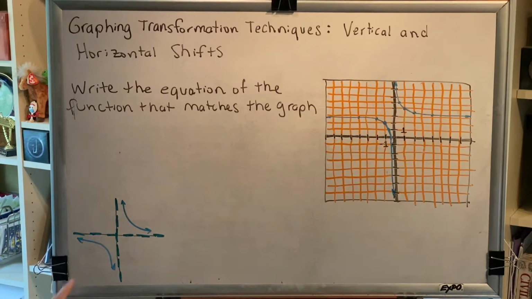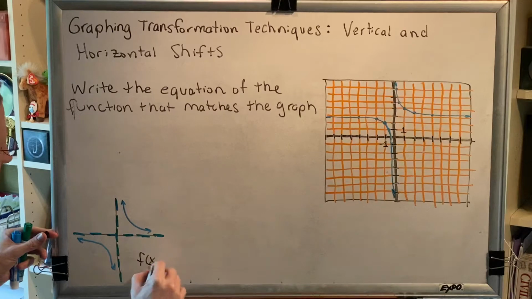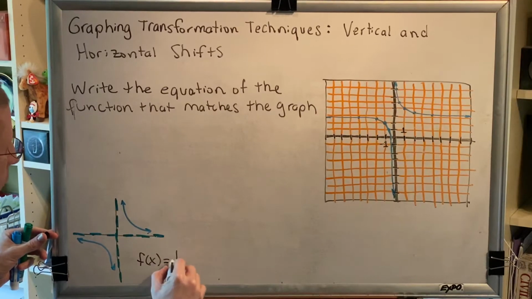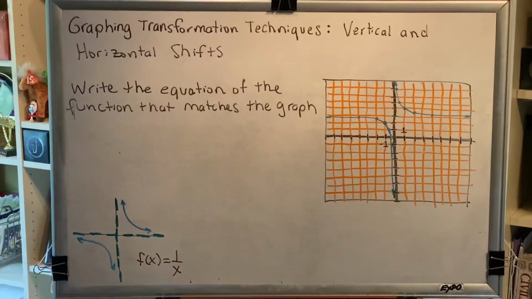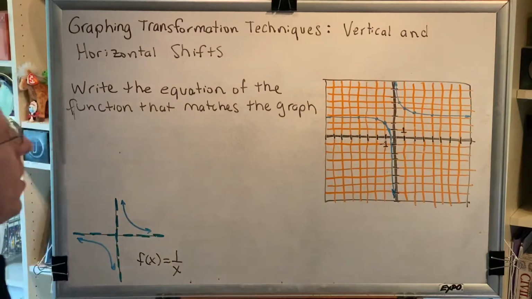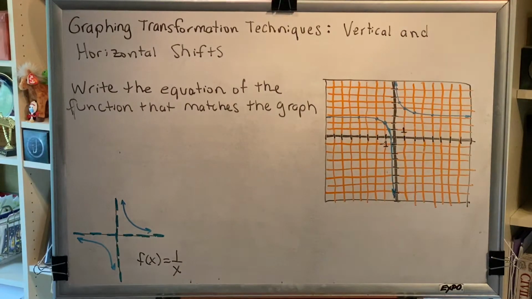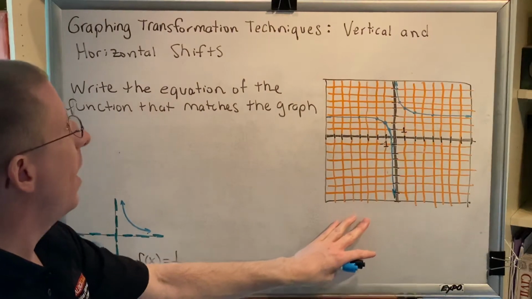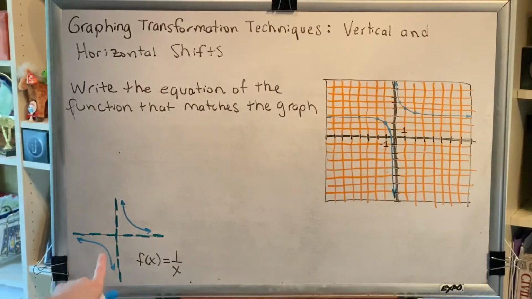So this function right here, which we recall has the equation f of x equals 1 over x, is very, very similar to what we see here. The only difference is this graph is missing the asymptotes, and it doesn't appear to be in the correct location.